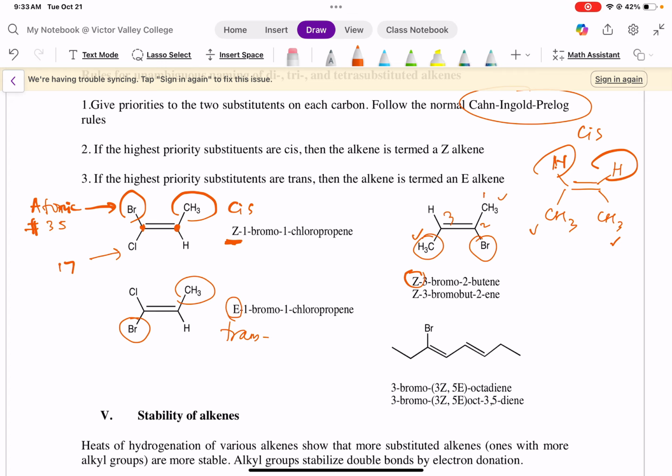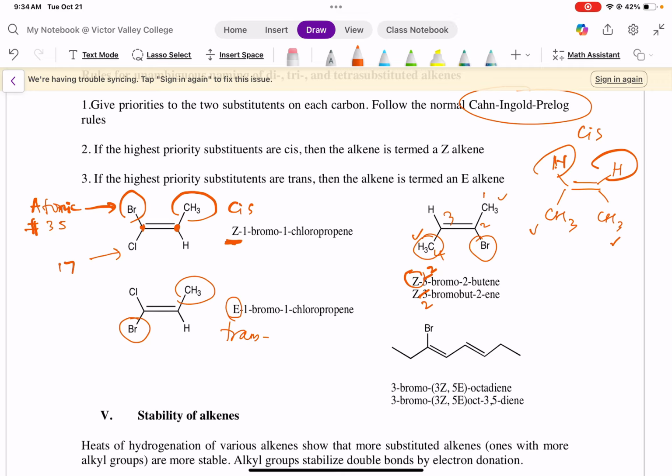Okay, so there will be a Z. I think this is a typo. It should be 2-bromo-2-butene. Okay, that's better because it's closer for bromo.